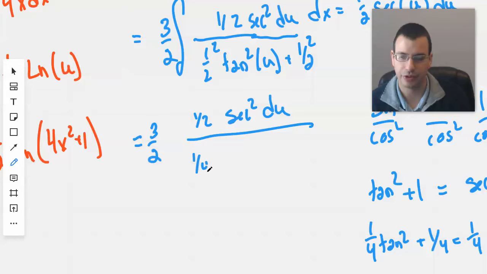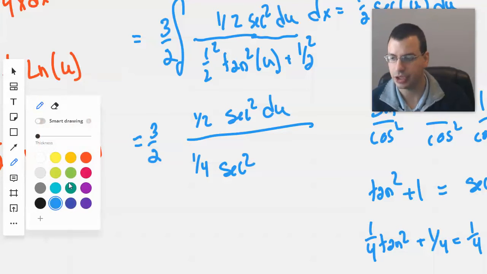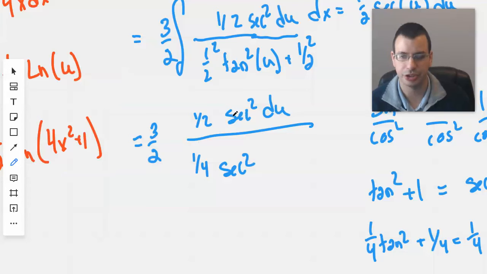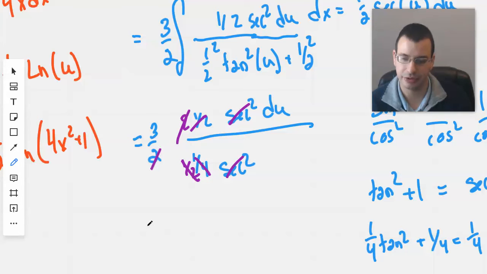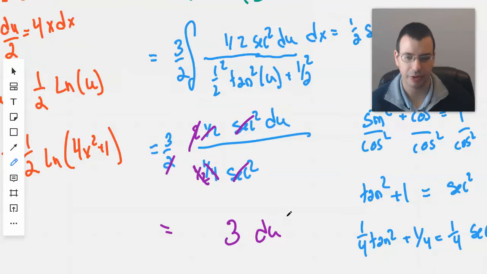Get my canceling color out, which in this case I guess is purple. This is left with 1/2 down here. Divided by 1/2 becomes 2. Cancel, cancel. Equals 3 du. Okay, I'm good with that.